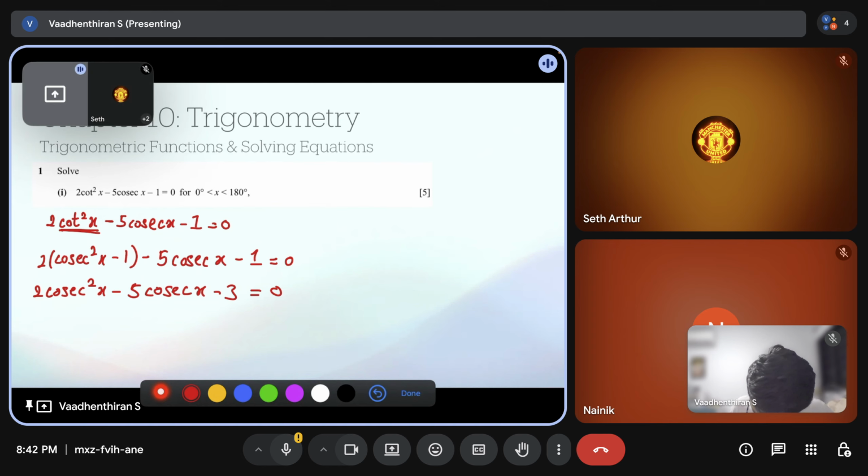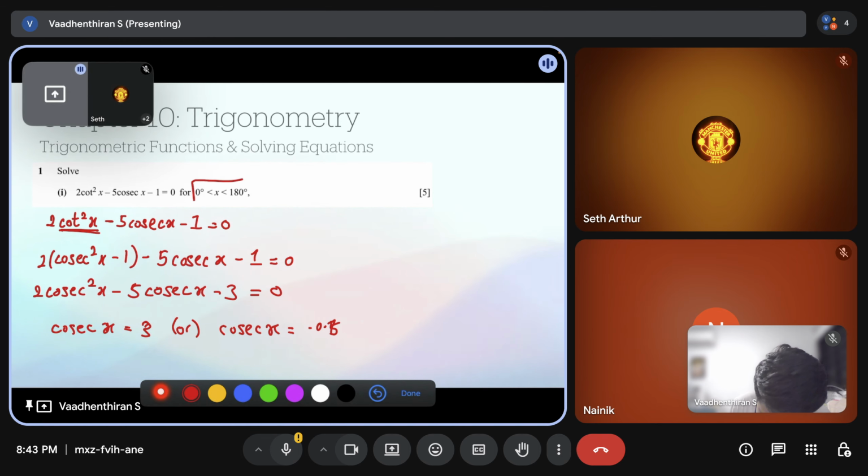Then you can just solve the quadratic from here, using my calculator. Cosecant x will be 3 or negative 0.5, and then you just find x from here.